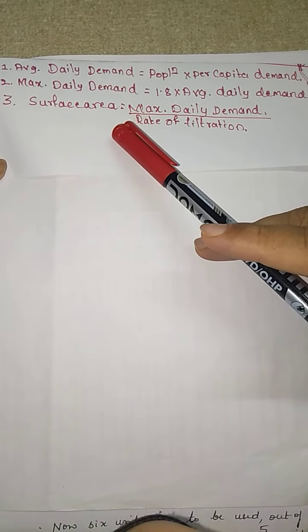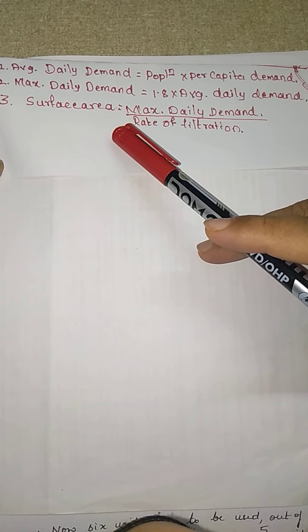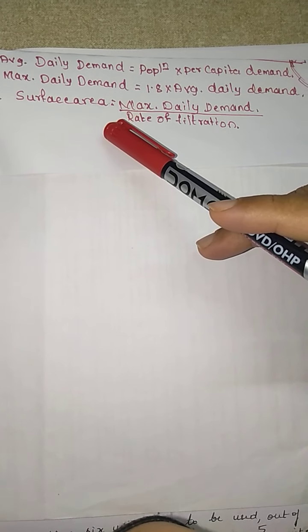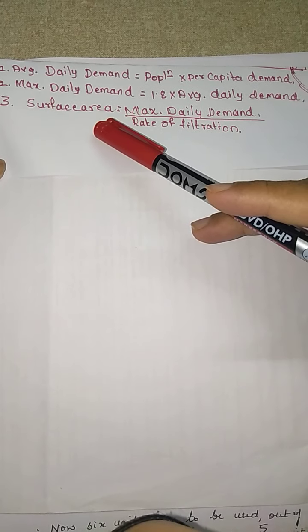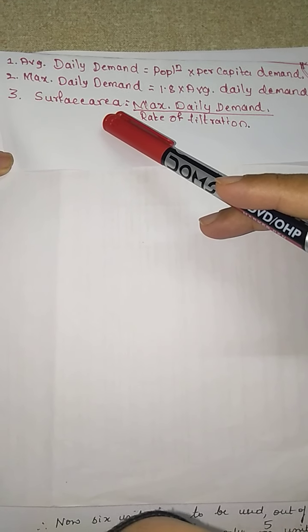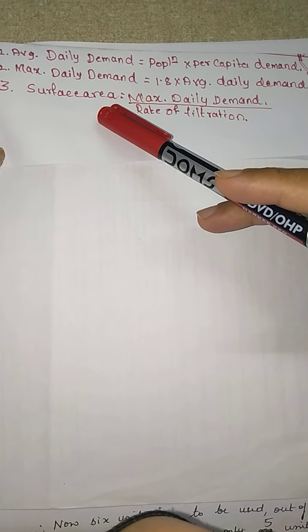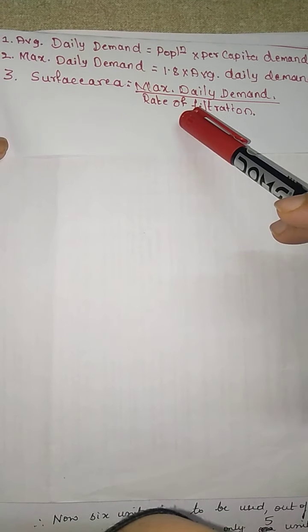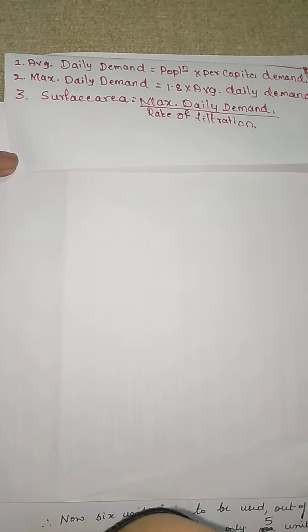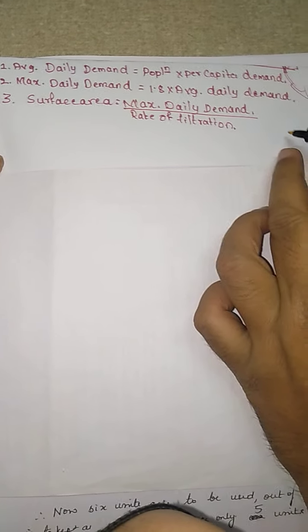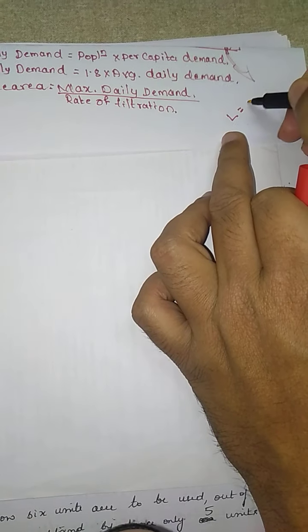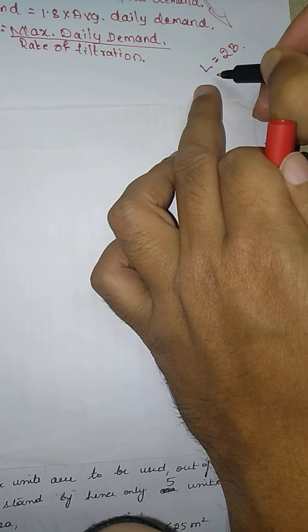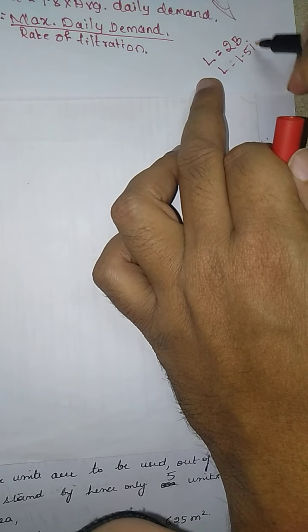Then, as I have told, you will be asked to design the size. In order to do that, surface area is equal to maximum daily demand divided by the rate of filtration. After this, you can take the length of the filter equal to 2B, or L equal to 1.5B.